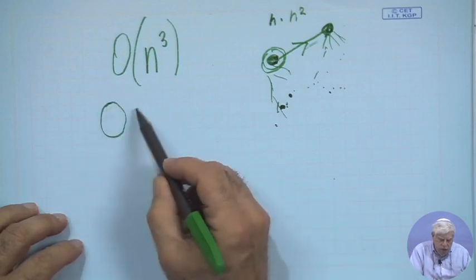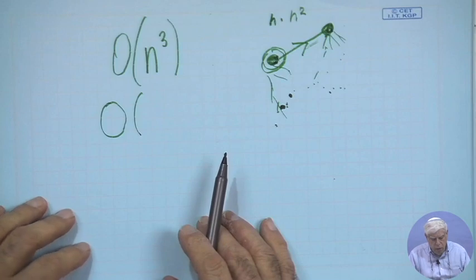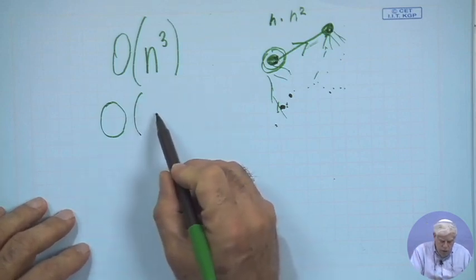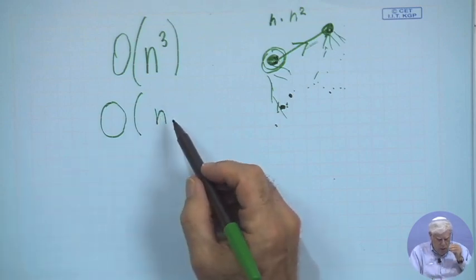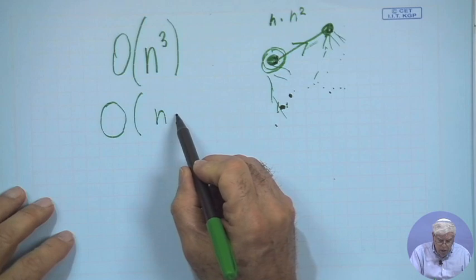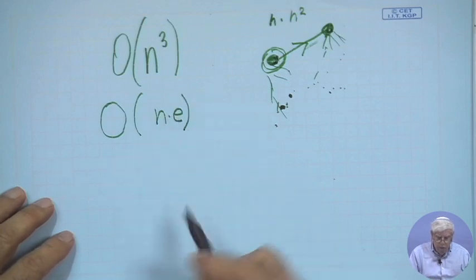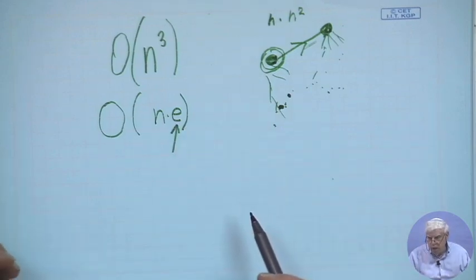and it's not difficult to find a data structure, and you can read this in the book, where you could actually do it in n times e, the number of edges, which, if this is a sparse graph, e might be lower than n squared.